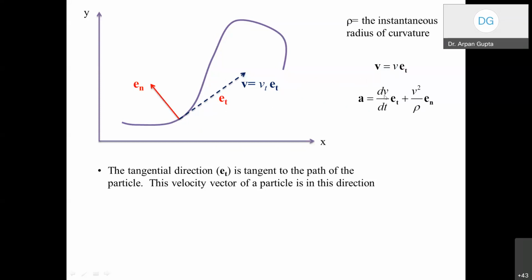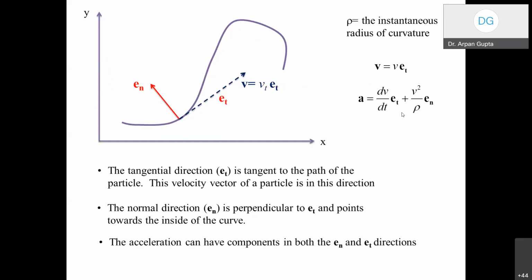We have derived this expression: if the velocity vector v is equal to v times et cap, then the acceleration is dv by dt et cap plus v square by rho en cap. The rate of change of velocity magnitude is the tangential acceleration, and the normal component of acceleration is v square by rho, where rho is the radius of curvature.